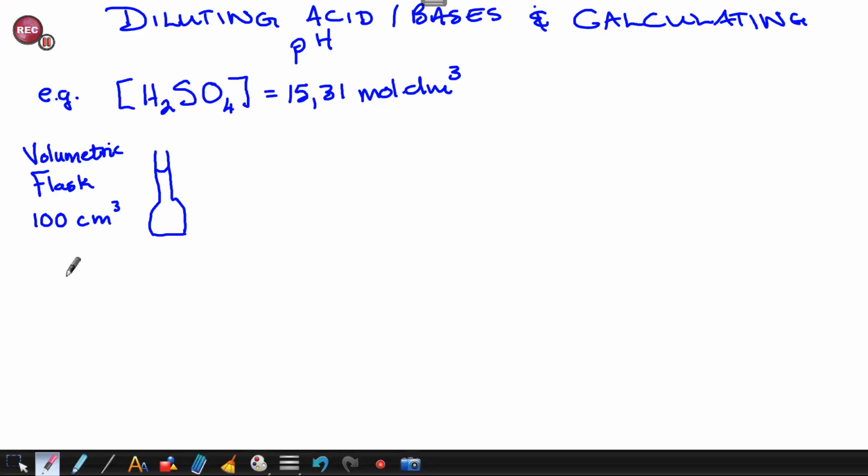Okay. Let's dilute the solution. Let's take some of this solution and make another solution. So what you do is you take a pipette. Let's take a 25 milliliter pipette.